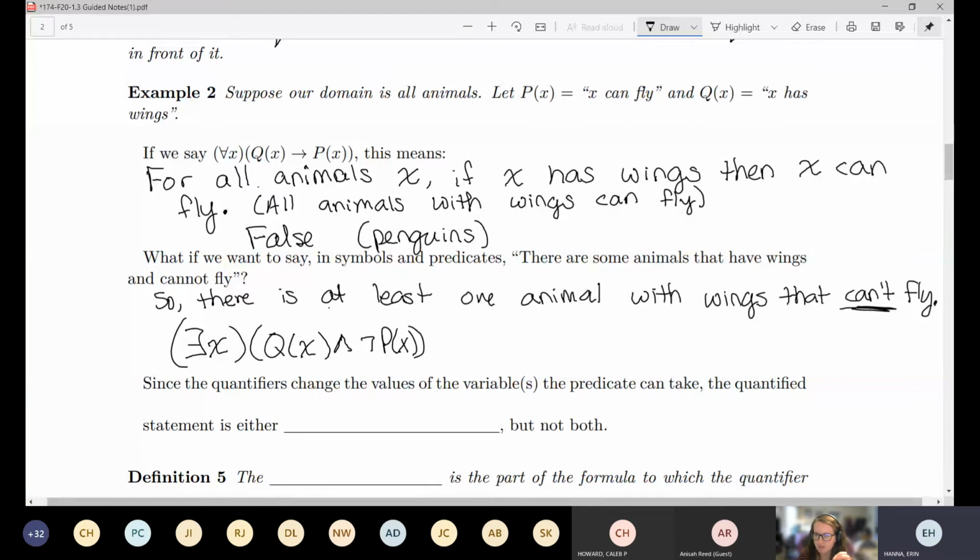See what I mean? That first statement, there are some animals that have wings and cannot fly, you might be able to jump from one to the other, but you might also need to remind yourself, okay, if there are some, then there is at least one, there exists one that has wings and cannot fly.